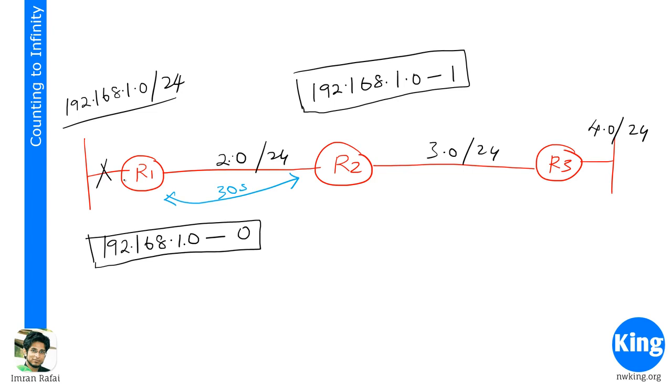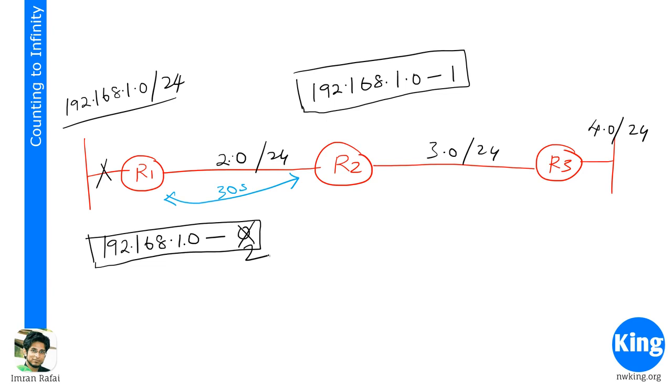Now R1 looks at that update and says, brilliant, I just had access to 192.168.1.0, but I lost access to it. But R2 is telling me that it has access to 192.168.1.0 with a hop count of 1, which means I need to update my routing table with the hop count value of 2, right?